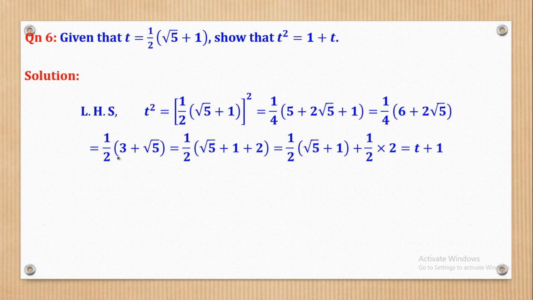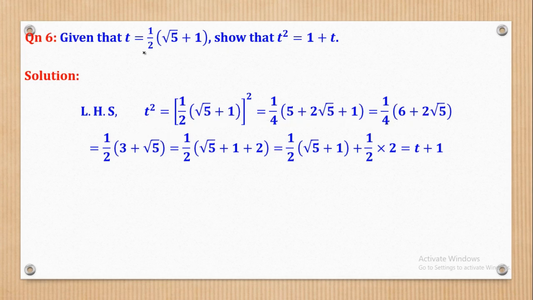So this one, what I've done, this 6 and this 2, they have something in common, and that is 2. Therefore 2 can be factorized out to cancel with this, to cancel 1 2 here to remain with a half, and the inside will remain, this 6 will become 3, and this 2 will become 1.